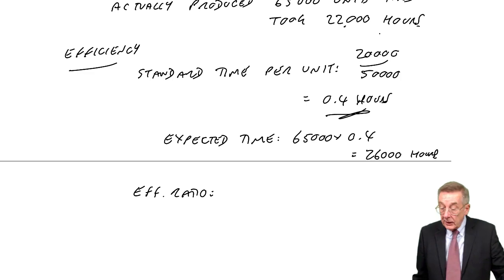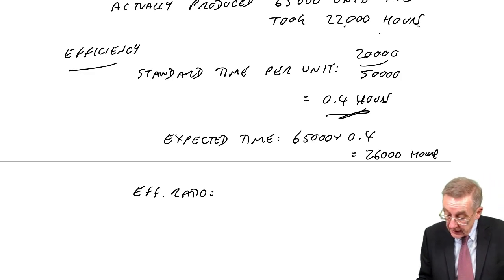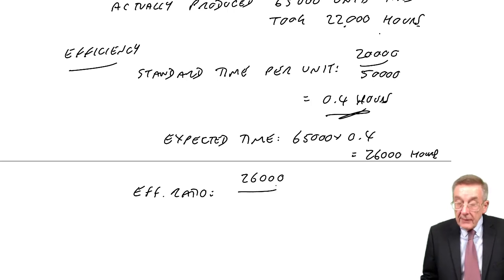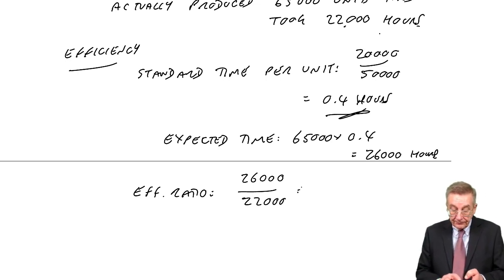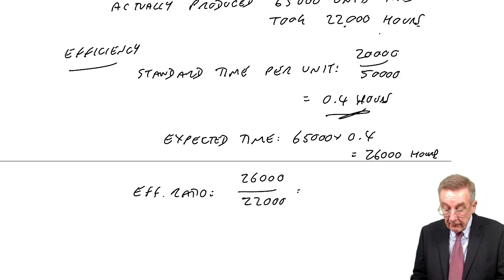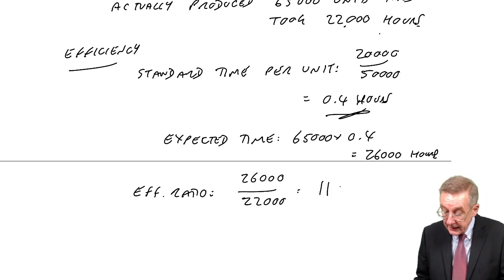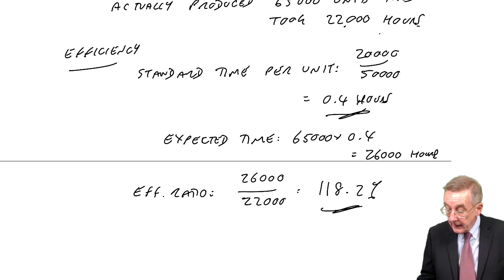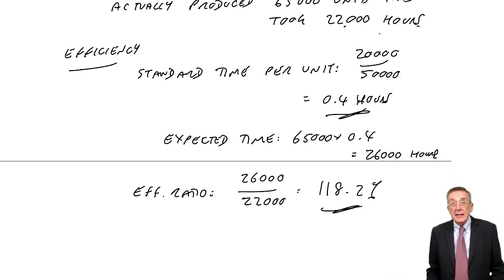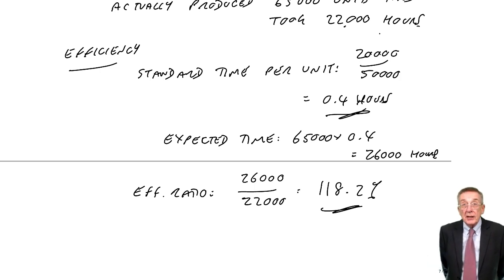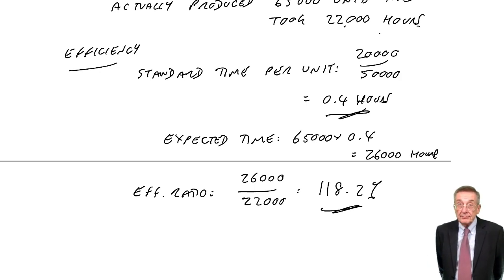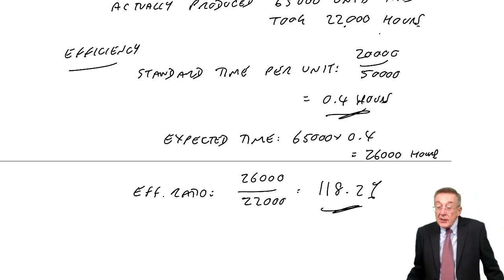But the expected hours for our production, 26,000, divided by the actual hours they took, only 22,000, which as a percentage is 118.2%. And it's good. The higher that is, the faster they're actually managing to work, the more efficient they are. So that's efficiency.